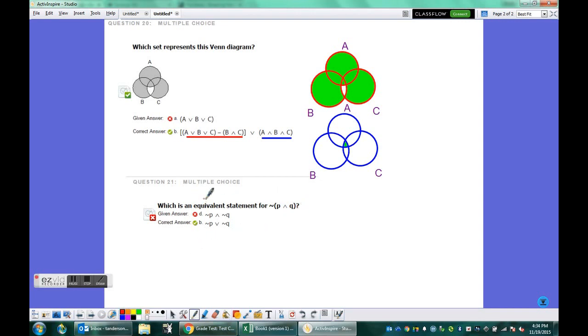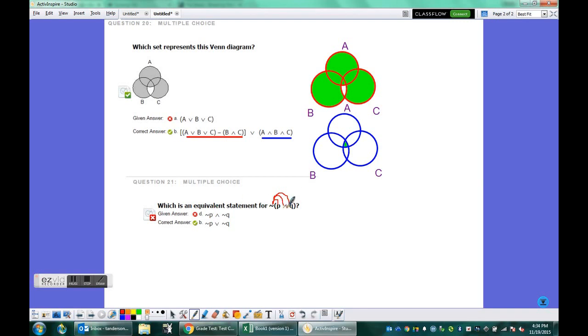421 here. So it says, which is an equivalent statement for not P and Q, okay? So this one, it's almost like you've got to kind of distribute that not to all 3 parts. So I've got the opposite of P, what you got matches that one you had.